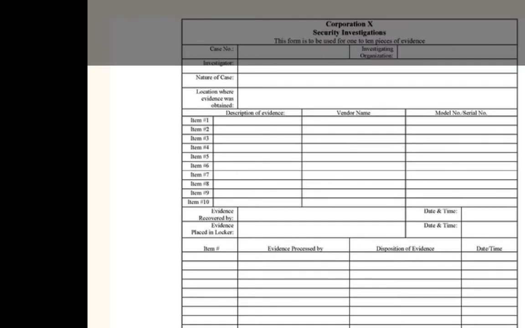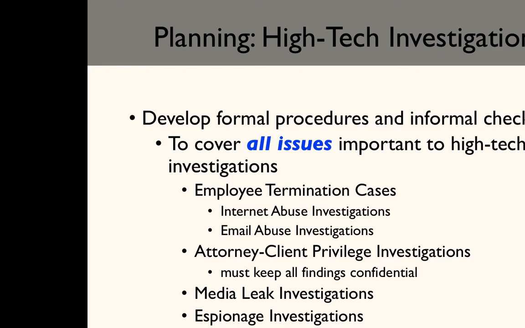And also, even companies have something similar for private investigations. This one is an example of a form for 10 pieces of evidence. You can see there are multiple items, and still how each item has been processed must be documented here. In the planning stage, computer crimes or computer forensics is also called high-tech investigations.